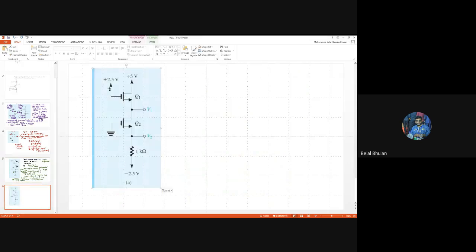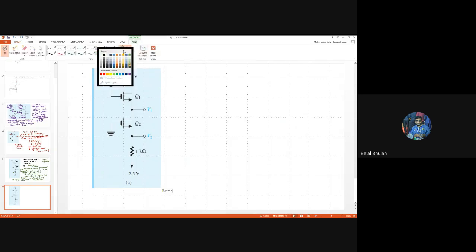Okay, so we know ID is equal to 2.104 milliampere, right? And now this current is... and we're going to deal with Q1.